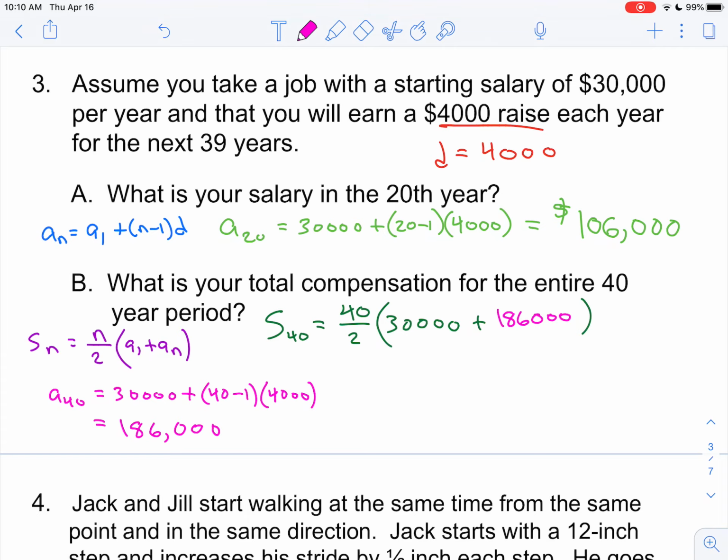And then now go back to your calculator for this S sub 40, and we'll see. And that's going to be, ooh, $4,320,000. So the job for number 3 is better than the job for number 2. It's not always the case, but based on the values that we were given here, that $4,000 raise was pretty substantial. So take that job.